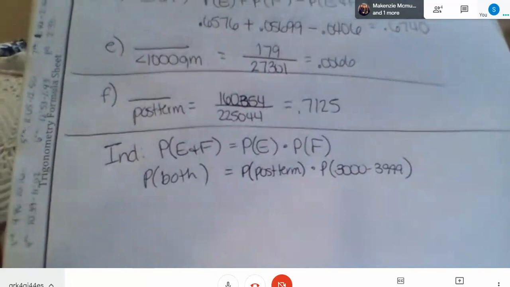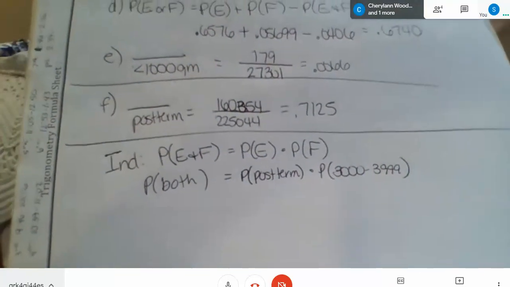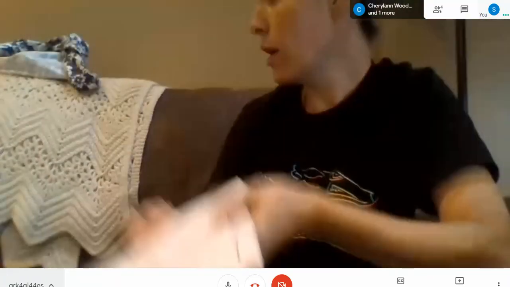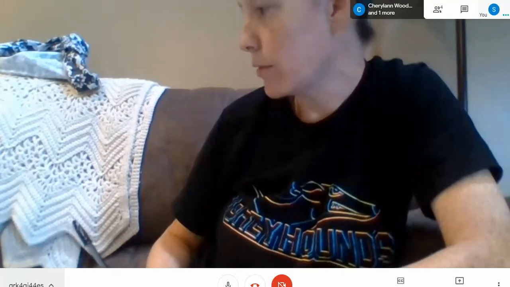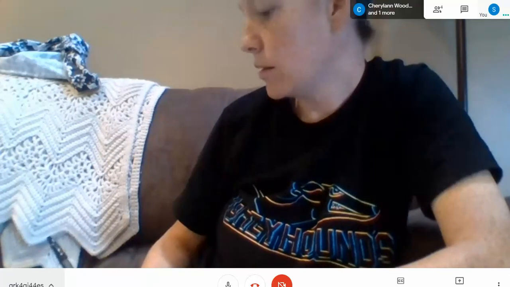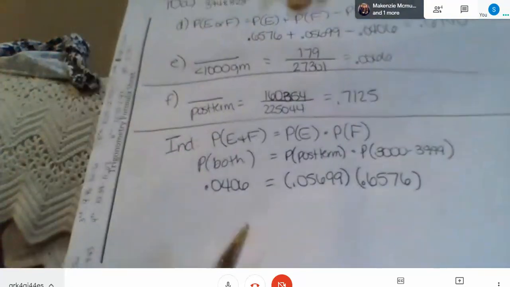Okay, we've already calculated all of these things, so I can use the decimals that we already found. We know the probability of both, that was part C, and that was 0.0406. The probability of being post-term, that was part A, that was 0.05699. Part B was the weight, that's 0.6576. So what we're saying is if this is independent, then this has to be true.